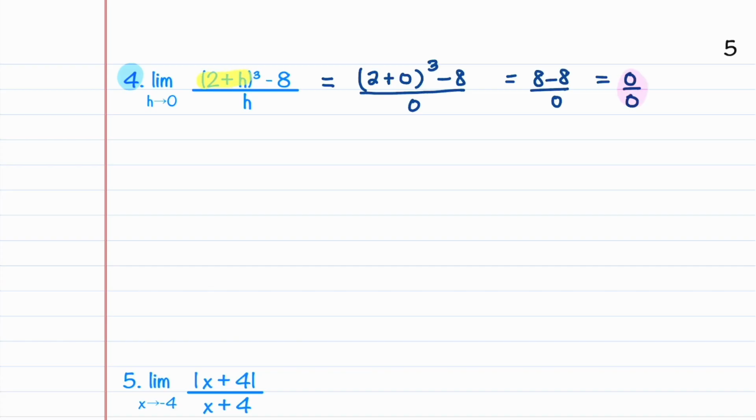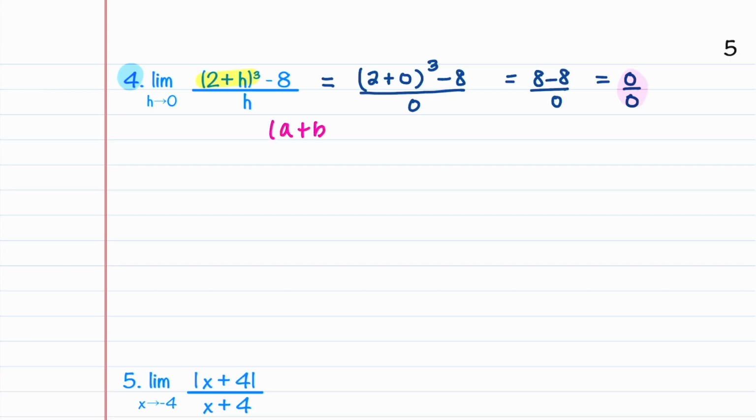Notice in this problem that we have 2 plus h raised to the third power. Whenever you have a limit with an expression raised to a power, you can often evaluate it by multiplying out that power and then hoping that some terms cancel. We're going to begin by multiplying out 2 plus h cubed. You may not remember that formula, so let me go ahead and write it down.